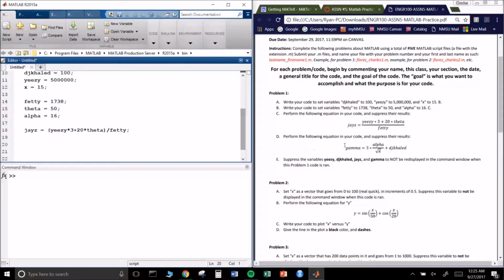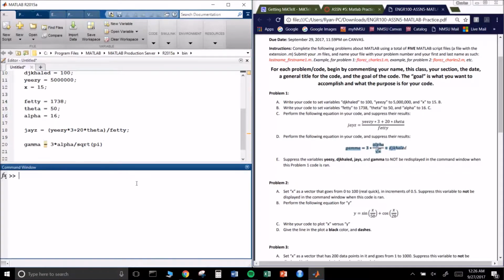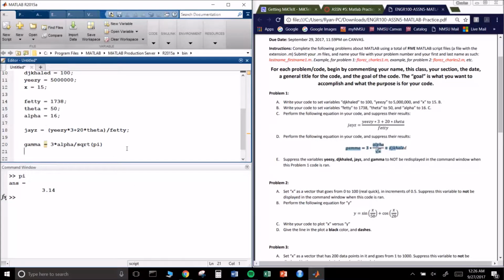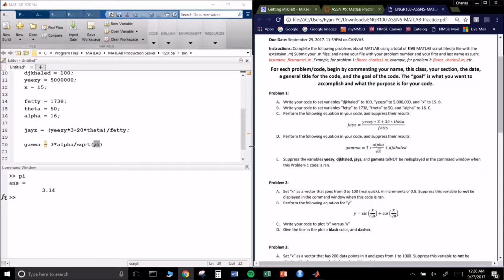The next equation that I have here is gamma. Gamma is equal to 3 times alpha divided by the square root of pi. And remember that MATLAB knows what pi is, that it's 3.14. So I can just put pi here. Plus DJ God.